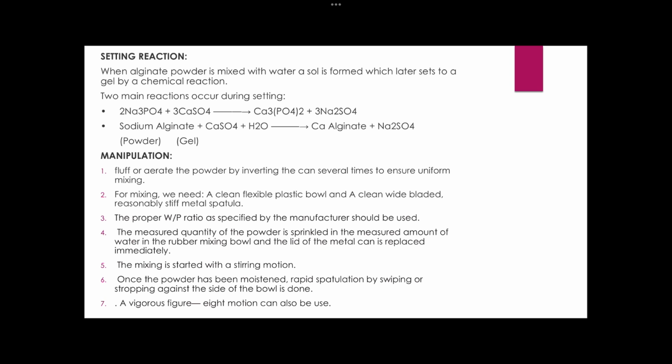For mixing we need a clean flexible plastic bowl and a clean wide-bladed, reasonably stiff metal spatula. The proper water-powder ratio as specified by the manufacturer should be used. The measured quantity of the powder is sprinkled in the measured amount of water in the rubber mixing bowl, and the lid of the metal can is replaced immediately.